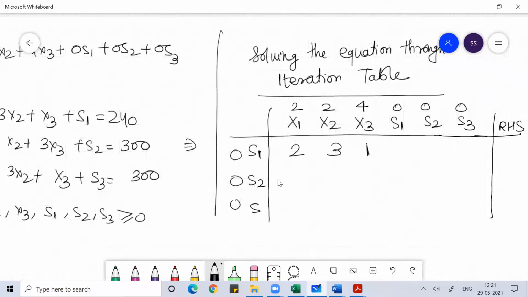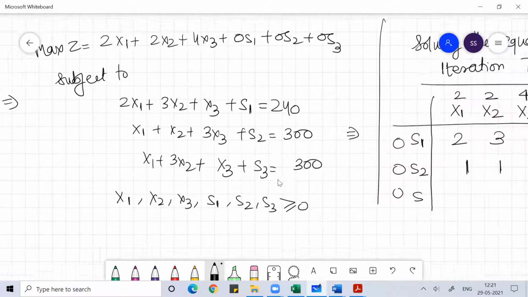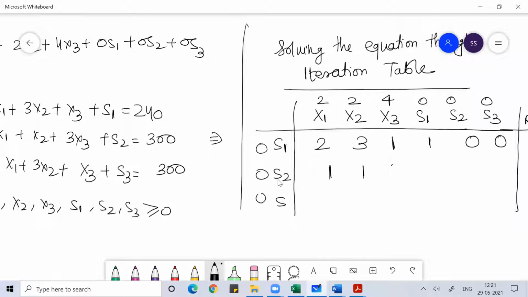The rows are 2, 3, 1, 1, 0, 0. Then 1, 1, 3, 0, 1, 0. And then 1, 3, 1, 0, 0, 1.